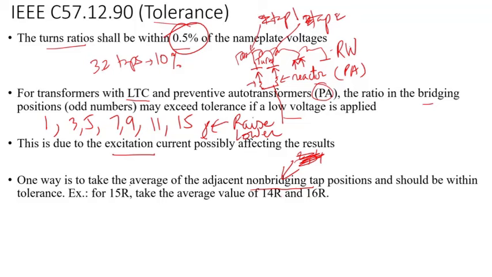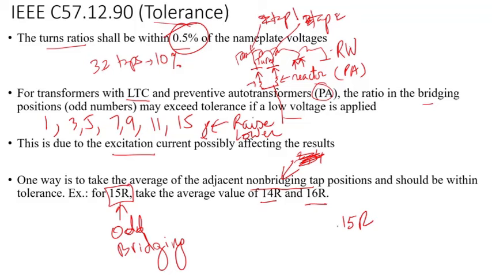So for instance, for 15R, that's an odd number. That means it's bridging, where the LTC, or load tap changer, will bridge 2 taps. Take the average of 14R and 16R. So because you're going to have 15R here, next to it you're going to have 14.